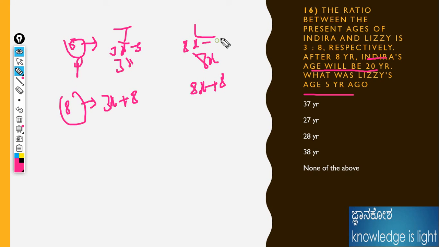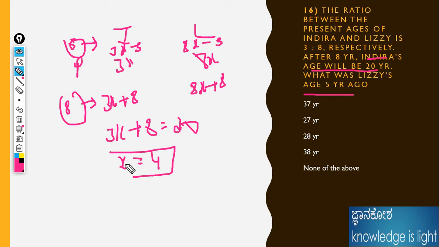I have written here only 5 years ago from the present. Directly they gave Indra's age here: 3x plus 8 is equal to 20, so 20 minus 8 is 12. 12 by 3 is 4. x is equal to 4.